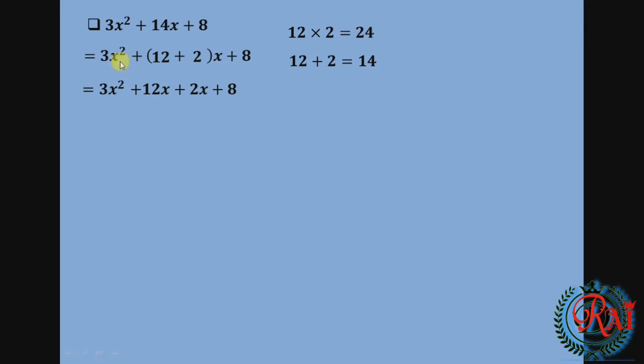Now simplify it. 3x square plus 12 into x is 12x, plus into plus is plus, 2 into x is 2x, plus 8.